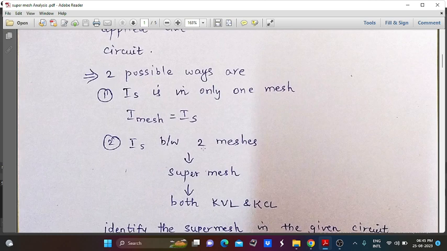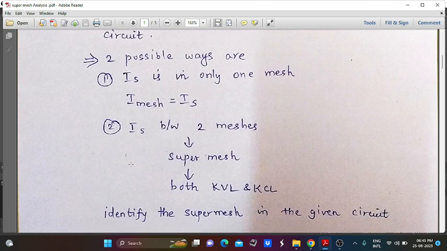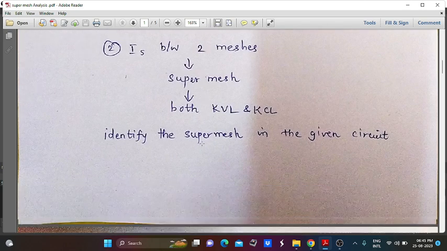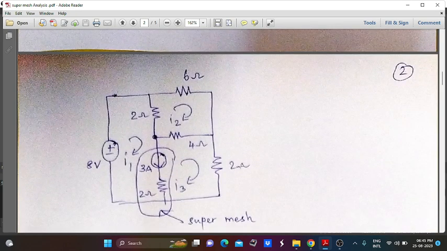The Is between two meshes is denoted as a super mesh, and with the help of KVL and KCL concepts, we identify the super mesh in the given circuit. From this super mesh, we can easily find the three currents I1, I2, I3.